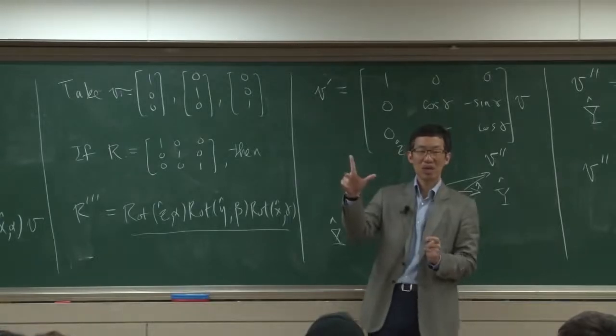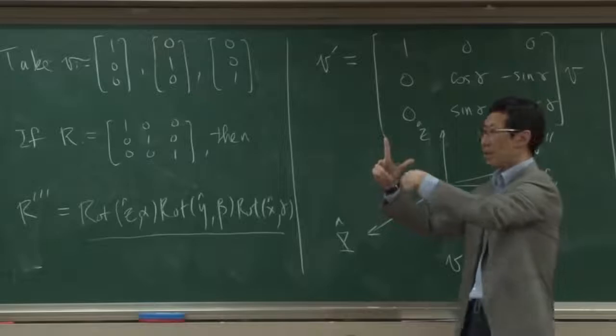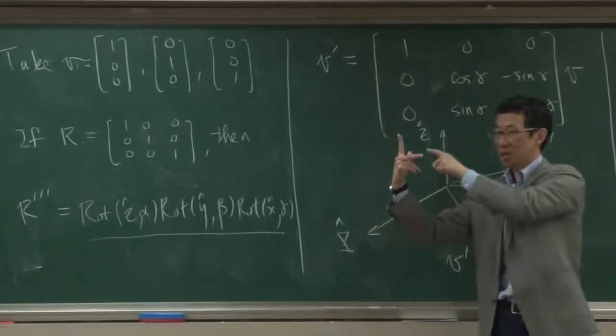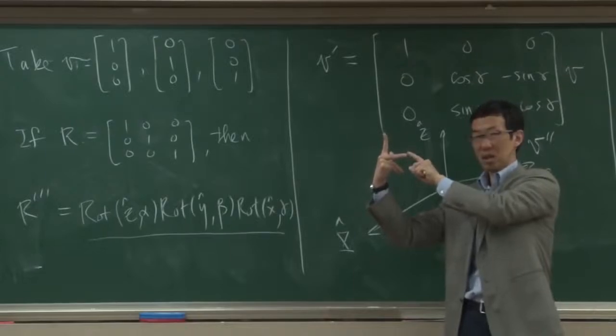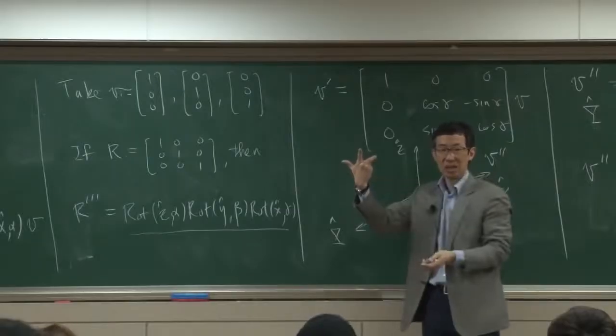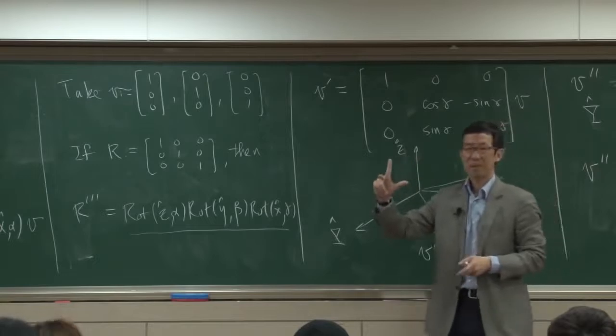But remember the interpretation of the ZYX Euler angles. We start with a frame x, y, z. First, rotate around the z-axis by alpha. Next, rotate around the new y-axis by beta, and then rotate around this new x-axis by gamma. I get my rotation. Now, start with the same frame.